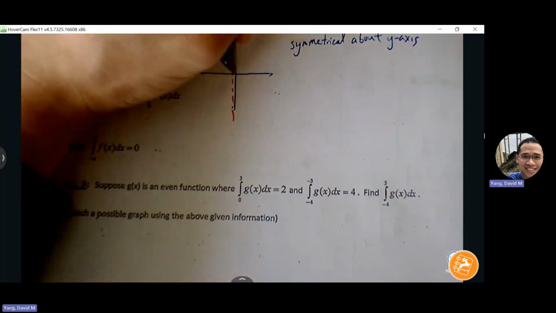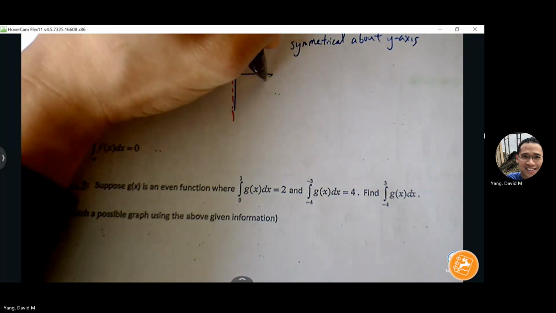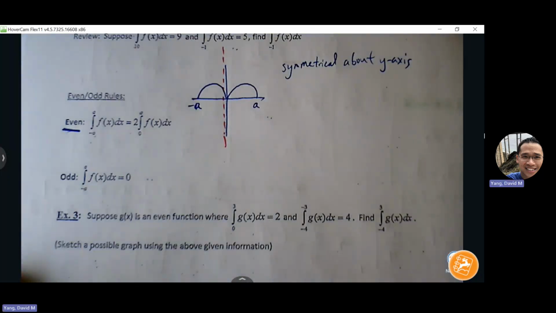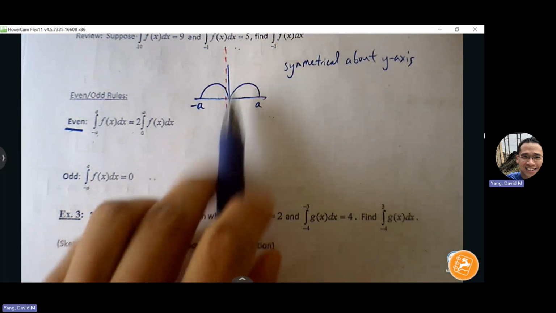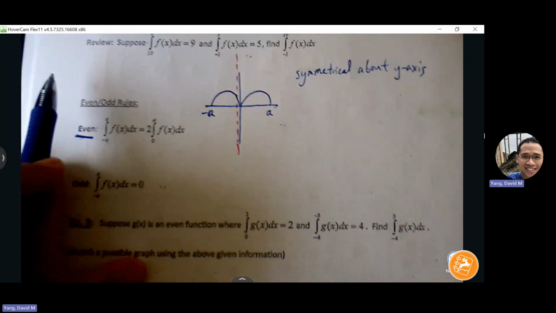So if I have a graph that looked like this, then my function is considered even because I can take my graph and fold it along that dotted line and everything matches up. So if I can visually convince myself that's going to happen, then I have an even function.